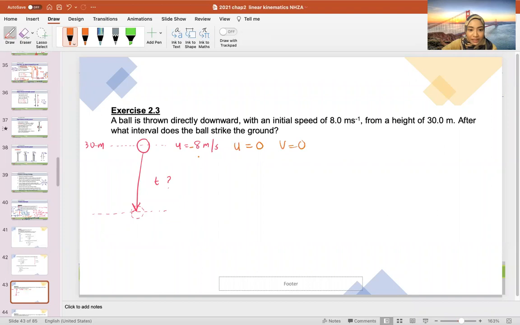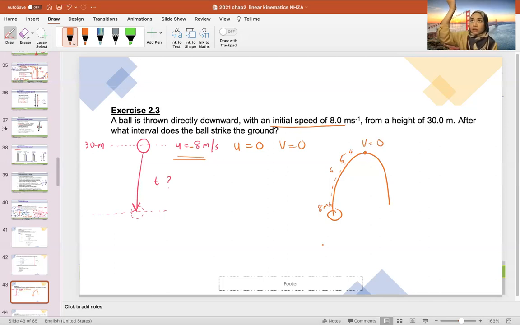So the correct answer is negative 8. It has been said that the initial speed is negative 8, and it's going down, so it should be negative 8. Why not 0? Because a 0 should start from the bottom. Like this, going up. Let's say we start from 8, going up, it decreases. Let's say this is 6, this is 5, 4, and when it reaches here, V equals to 0.